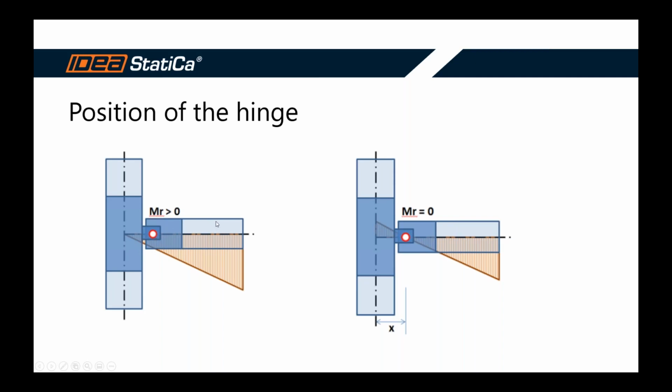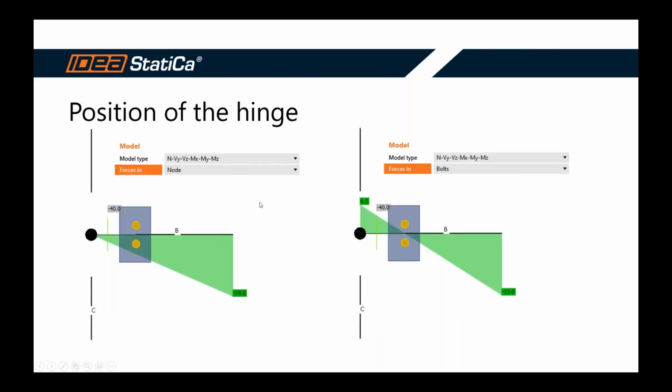So what we have to do now is either change the global model and put the real hinge into a correct position where we expect it really will be, or we can make a little trick in StatiCa connection and shift the position of the shear force into the centroid of the bolt group.